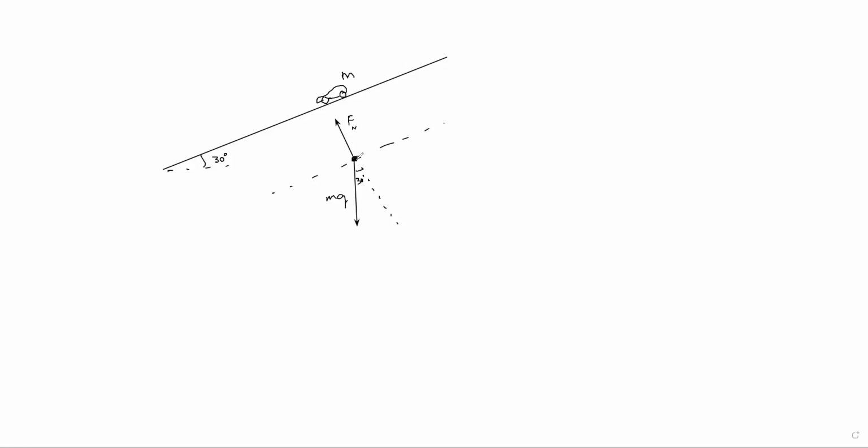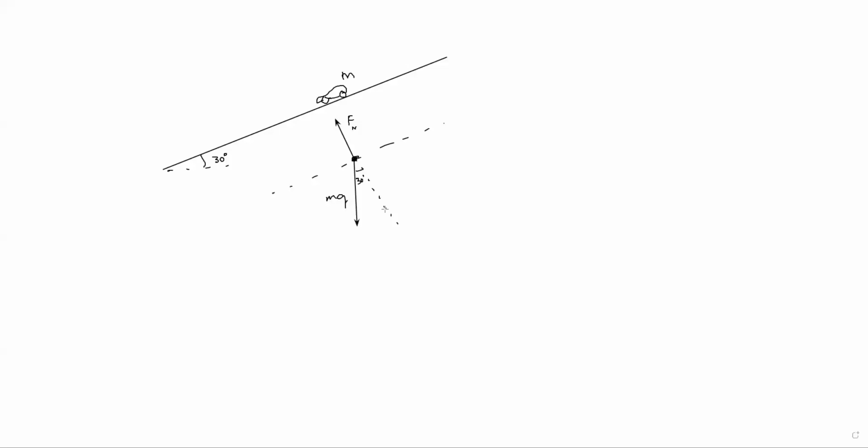That's all the forces. This is a force of gravity, which always acts straight down. Normal force acts perpendicular to the surface. We said there's no friction. So this is everything. So we'll go ahead and do what we've done before and find the x and y components.